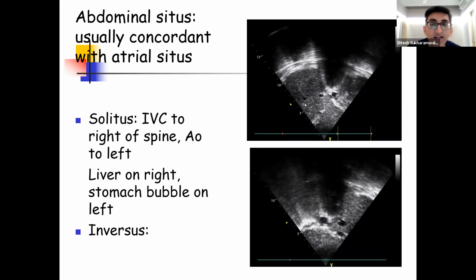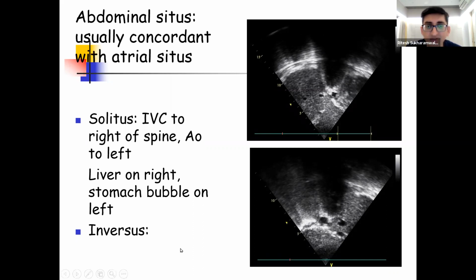If the liver is on the right side and the IVC is on the right side, and the stomach gas and the aorta are on the left side of the spine, then it is known as abdominal situs solitus, and it coincides with atrial situs solitus. If the stomach bubble is on the right side and the aorta is on the right side, and the IVC and liver are on the left side, it is known as abdominal situs inversus, which coincides with the atrial situs inversus.